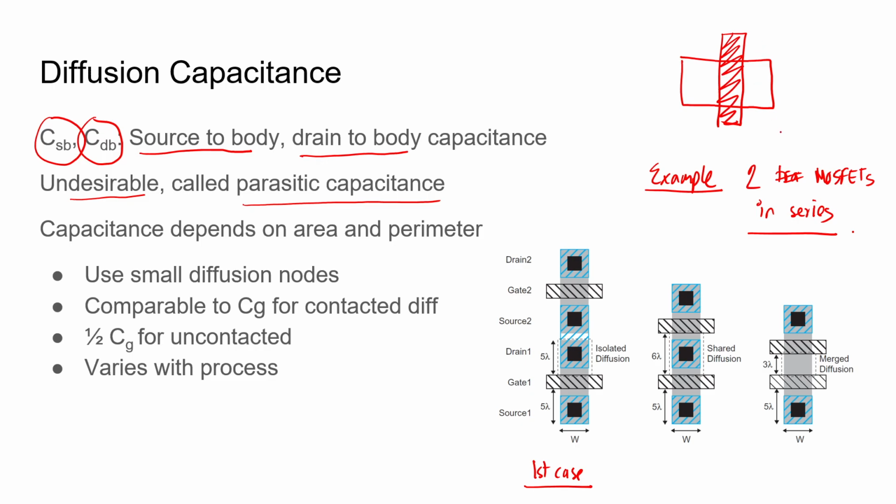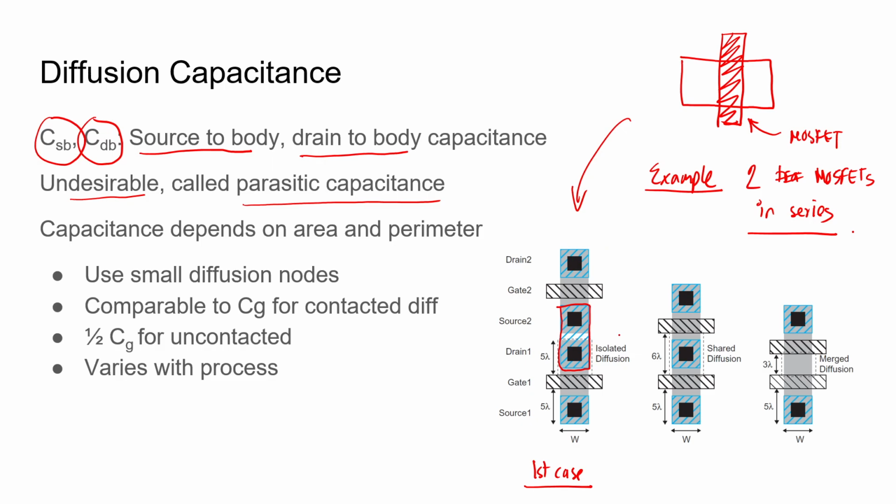So this is a transistor MOSFET. So we have two MOSFETs like this in series here, but in this case we have isolated diffusions. And we connect the two transistors using an external metal layer like this. So this scenario is called two series transistors, but in isolated diffusion regions.